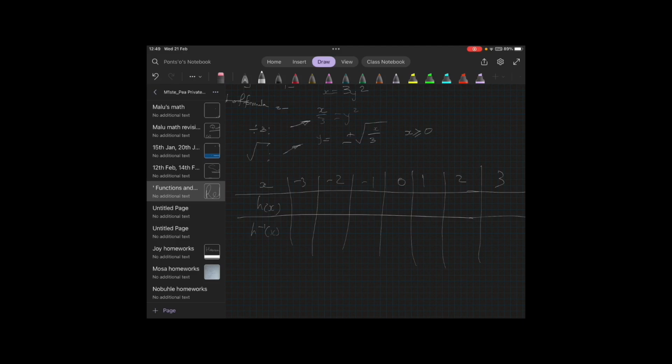First for the normal function, y equals 3x squared. 27. Okay. So then that's 4 times 3, 12.